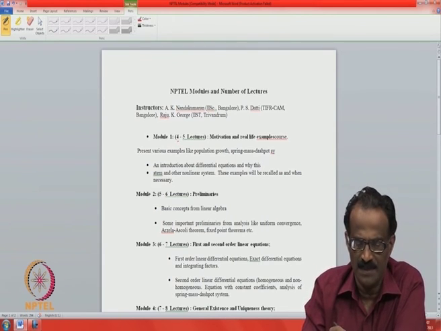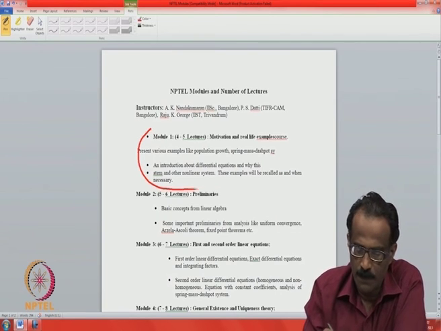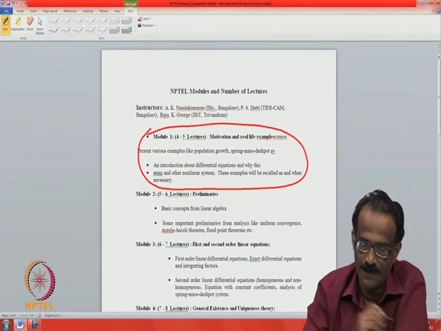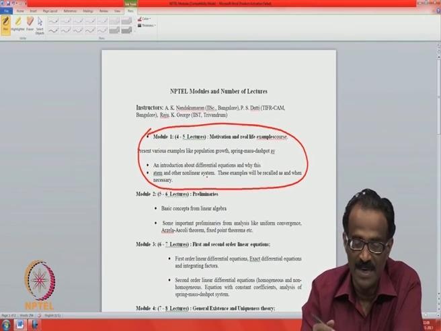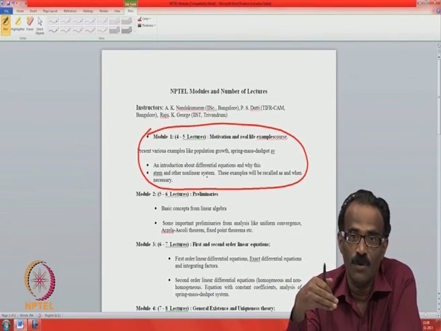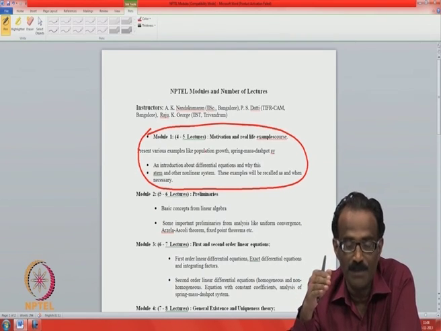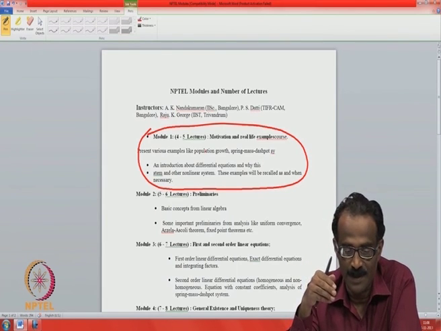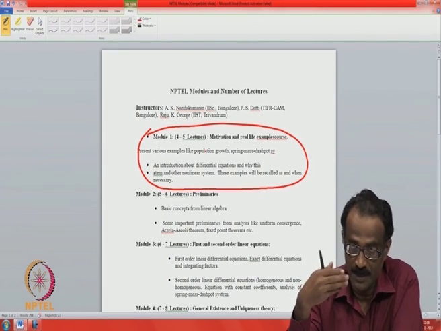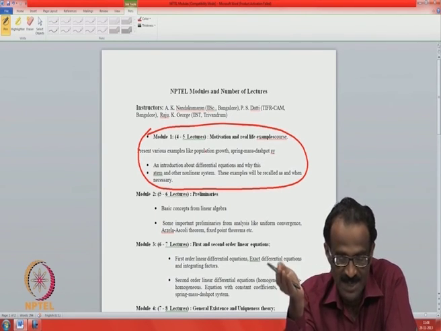So we may spend probably 4 lectures in module 1, where after this lecture I may spend around 3 lectures, I am not sure. We will go along. We will give you some real life examples, especially like population growth and some non-linear systems, maybe a satellite example.